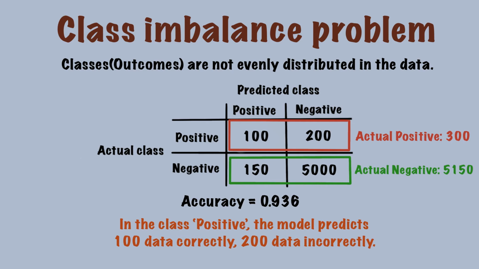You might think, yeah, the model doesn't work well for positive data, but for negative data, it works excellent, and overall, the accuracy 93.6 seems reasonable. However, in a medical test, we only care about class positive. In specific, you would care about people who have the disease, not the healthy people, because most people are healthy.